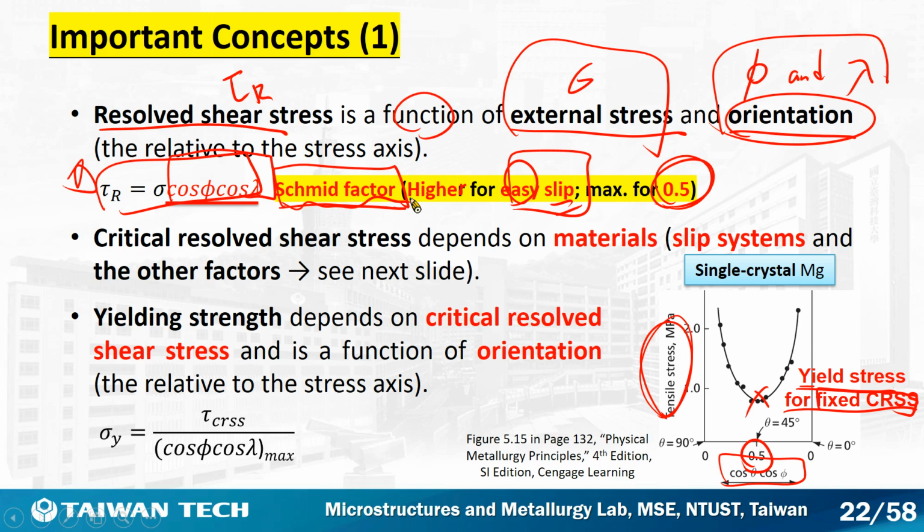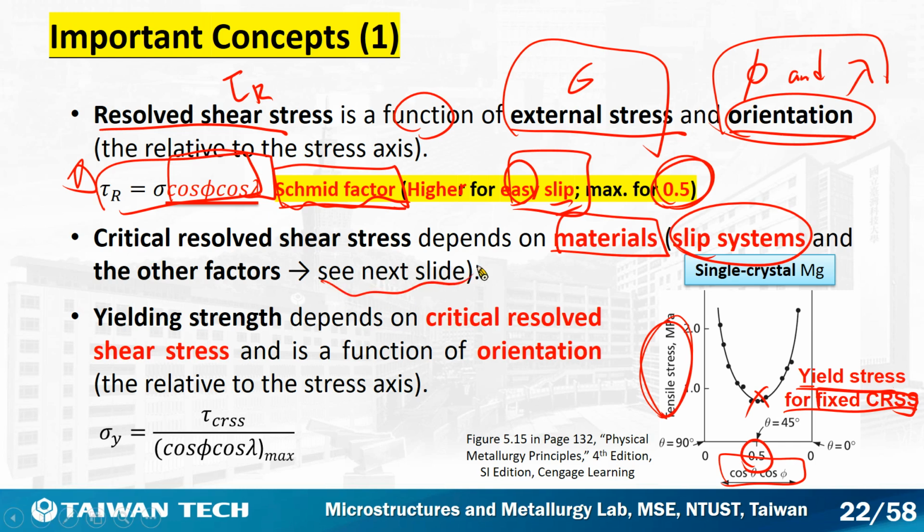And also we learned about the critical resolved shear stress. It means that when tau R increases and reaches tau CRSS, yielding will occur. And this actually depends on different materials, because different materials with different crystal structures could have different slip systems, and we will talk about it later in the next slide.